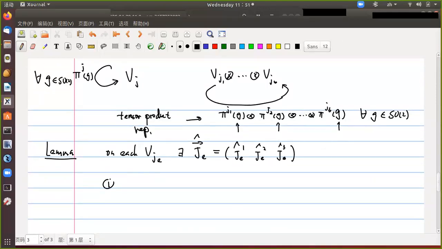Then this equation 1 is actually equivalent to this statement. You have 6 edges around the vertex, and on every edge you have these angular momentum operators J1, J2, J3.